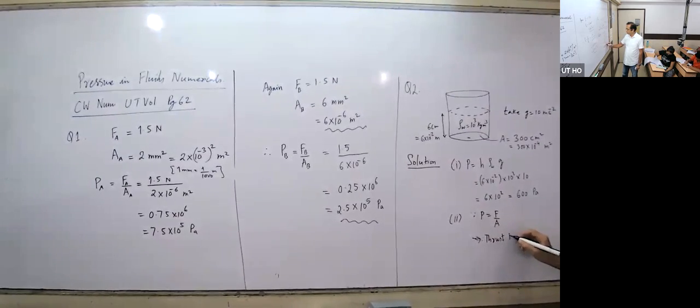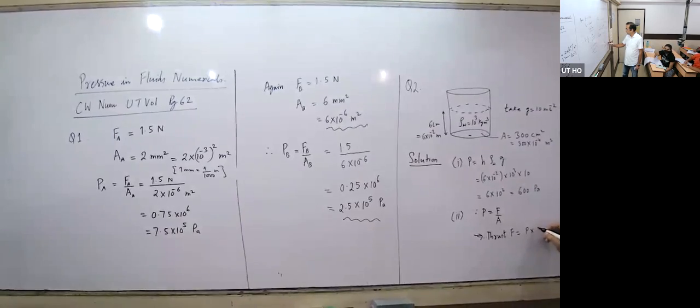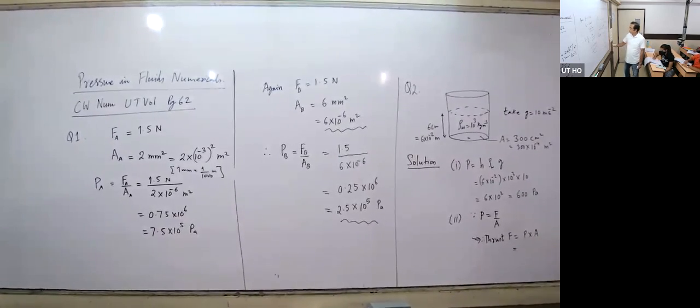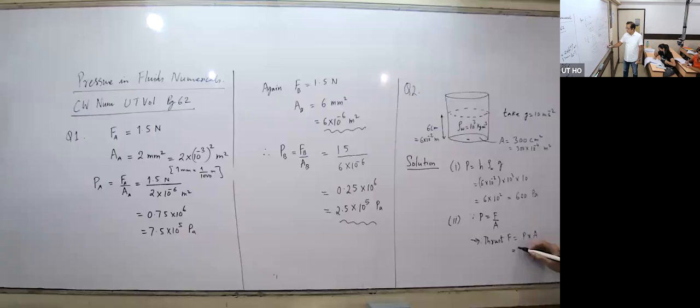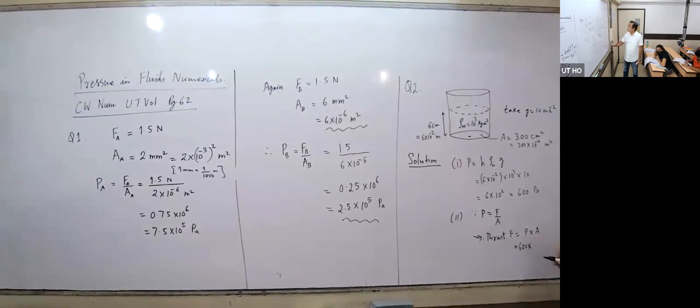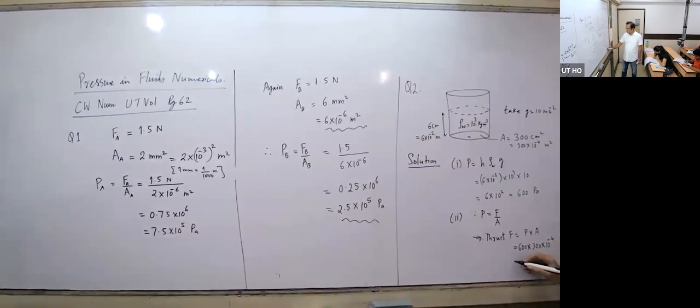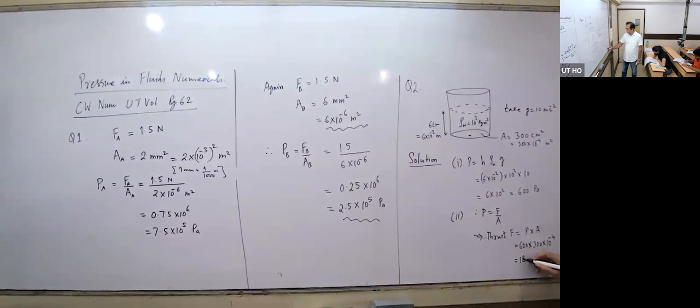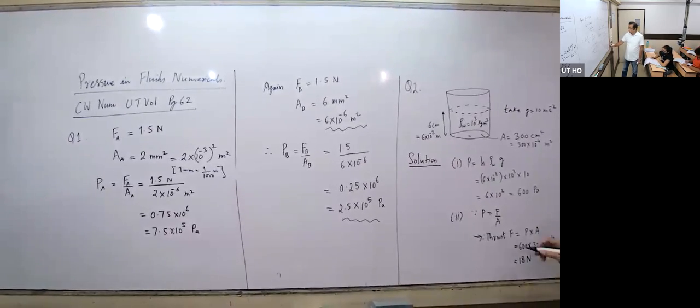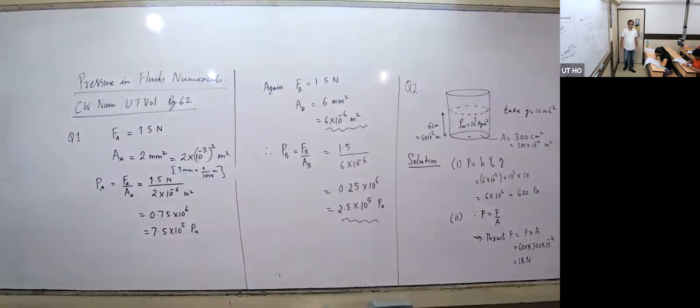Thrust F is equal to P into A. Now P is 600, A is 300 into 10 raised to minus 4. So 10 raised to minus 4 and these 4 zeros will be gone. So this is only 18. Thrust is 18. So I think these questions were simple.